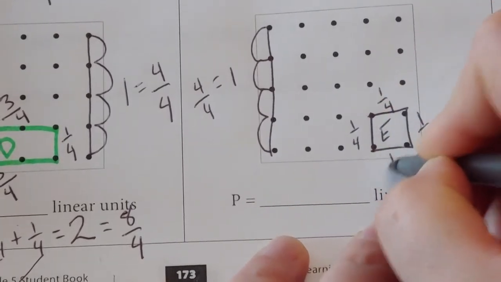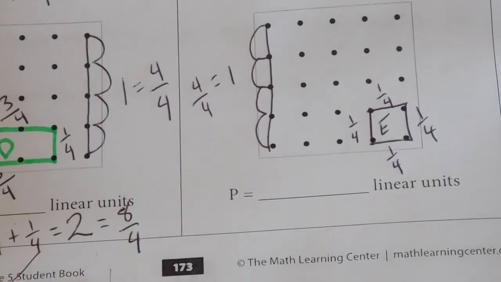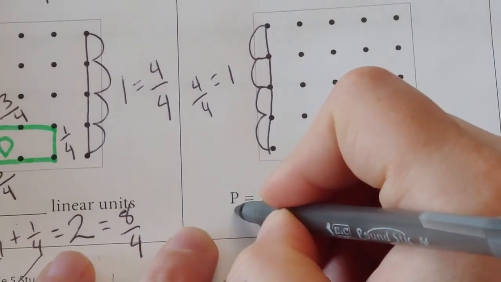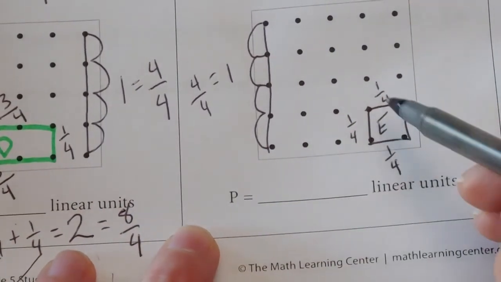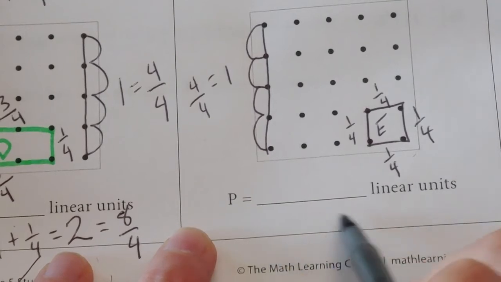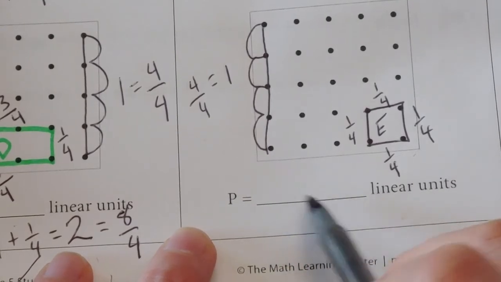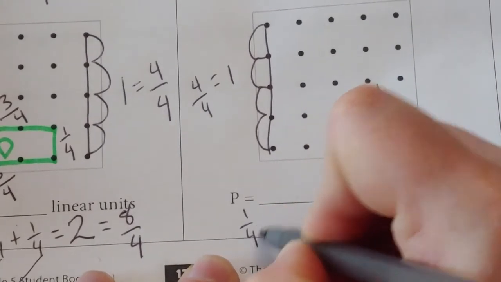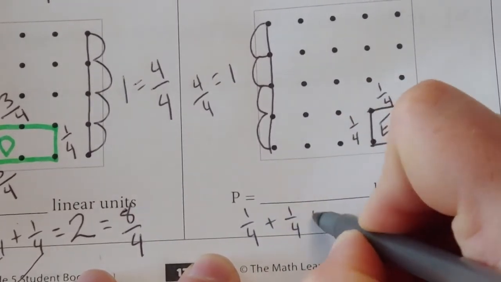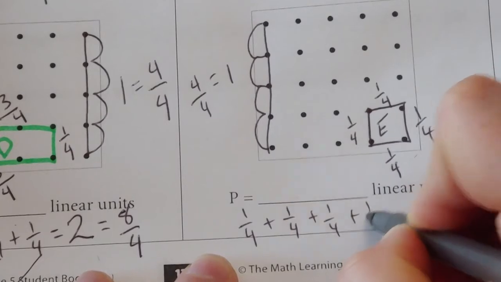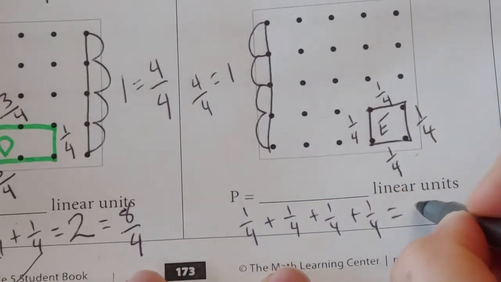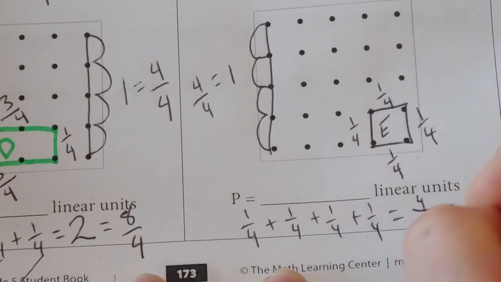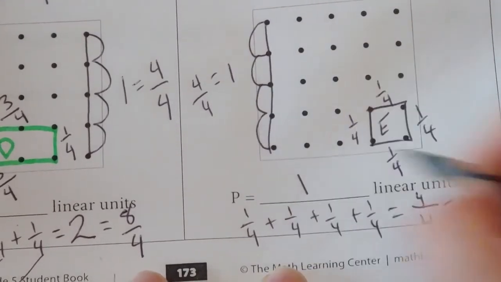All those side lengths are the same. So, if you haven't already, you should have the equation down at the bottom and get me an answer. If you haven't done that, make sure to pause and do that. 1/4 plus 1/4 plus 1/4 plus 1/4. Those are all the same. 1, 2, 3, 4 is the same as 1.